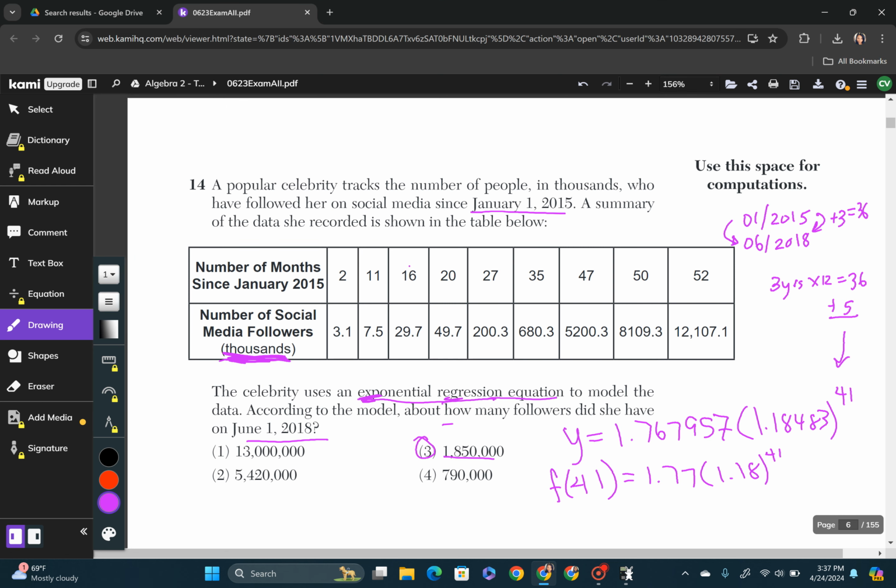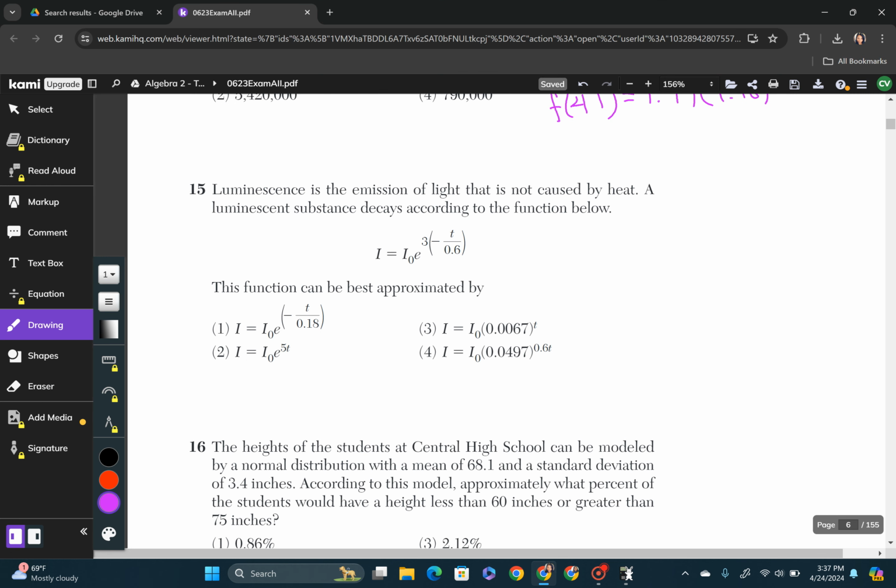All right, number 15. This one I can also use the y equals button. So y1, I could plug this in, and y2, I can plug each of the other ones in and see which one matches best. I0 is the start number.